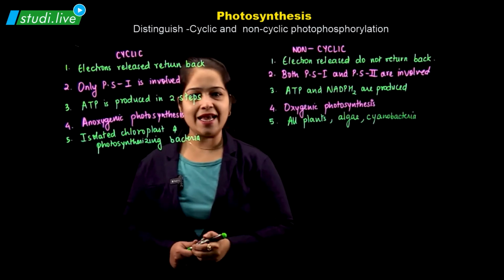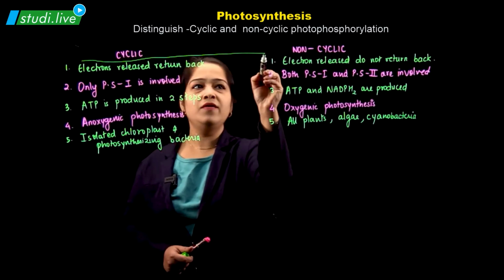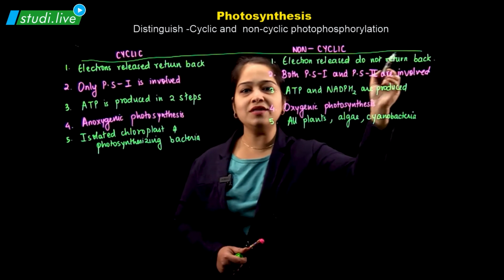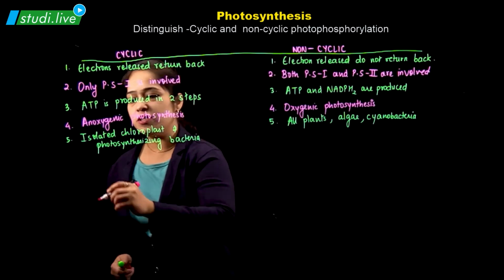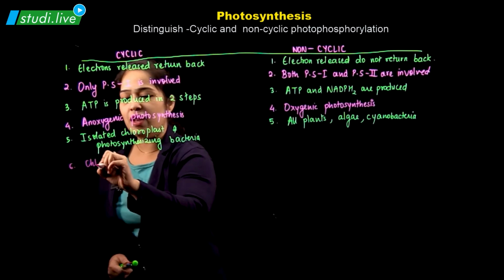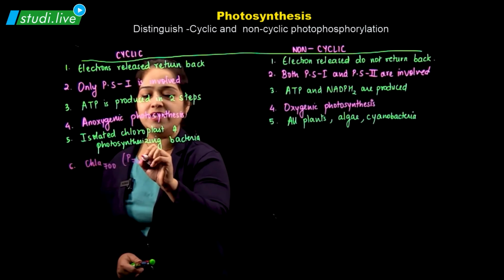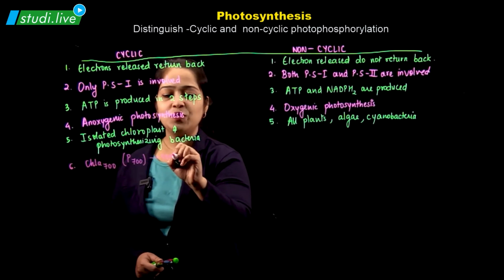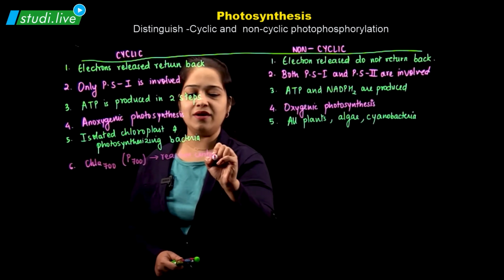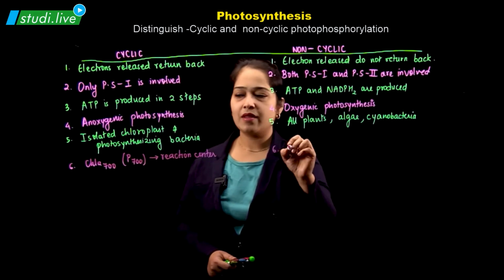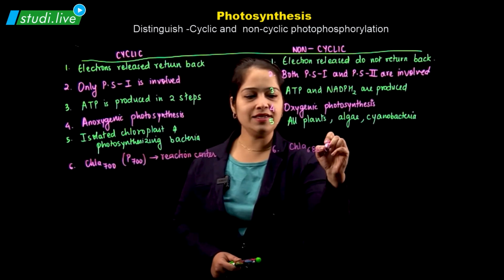When we say cyclic, the reaction center is chlorophyll A 700, which is P700. Chlorophyll A 700, which is P700, is the reaction center. When PS2 is involved, the reaction center is chlorophyll A 680, which is P680.